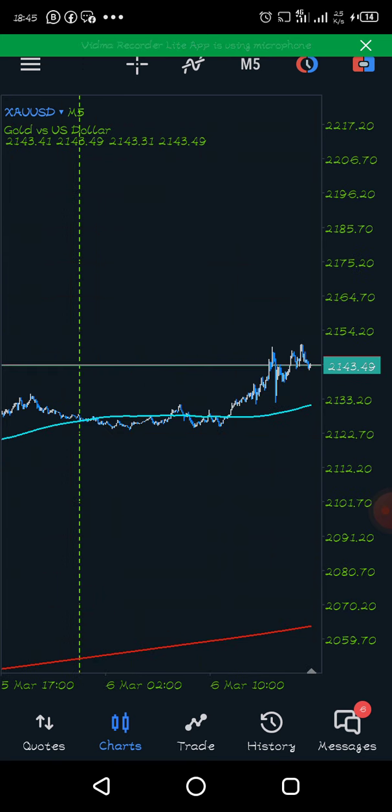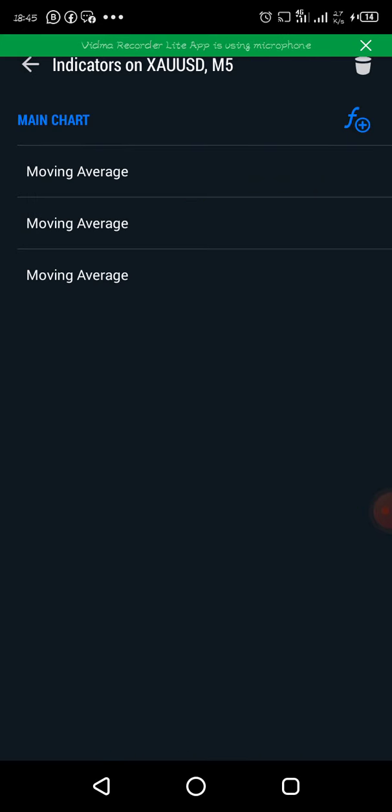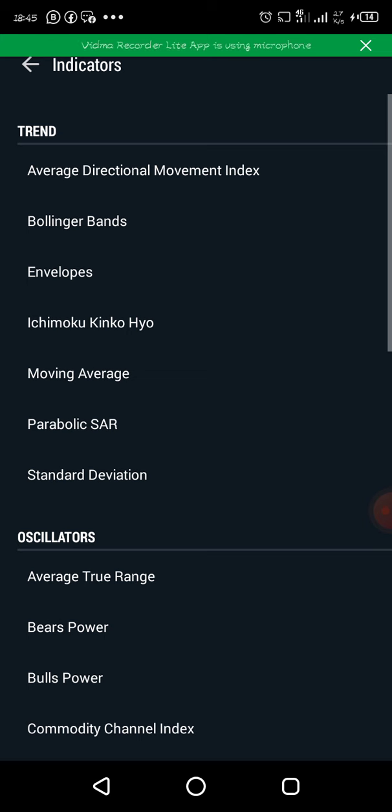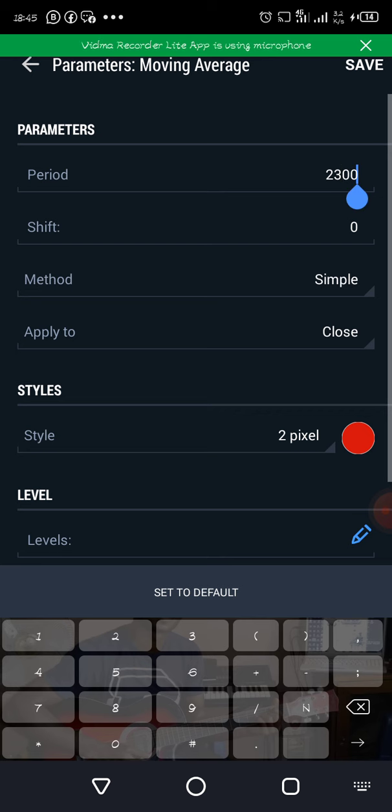Now I'm going to give you a good clue of that. Let me add a 50 moving average to this. I'm going to add a 50 simple moving average.